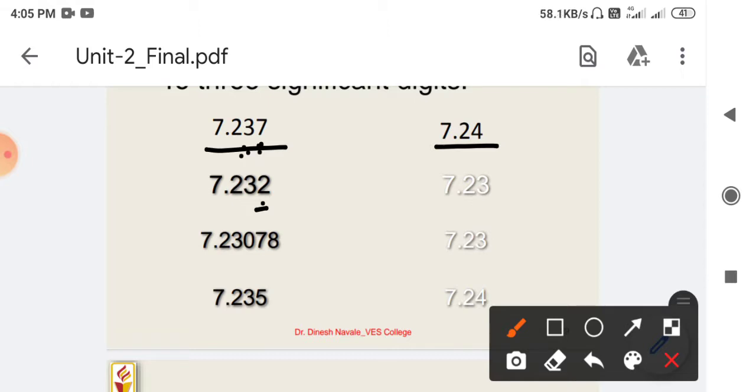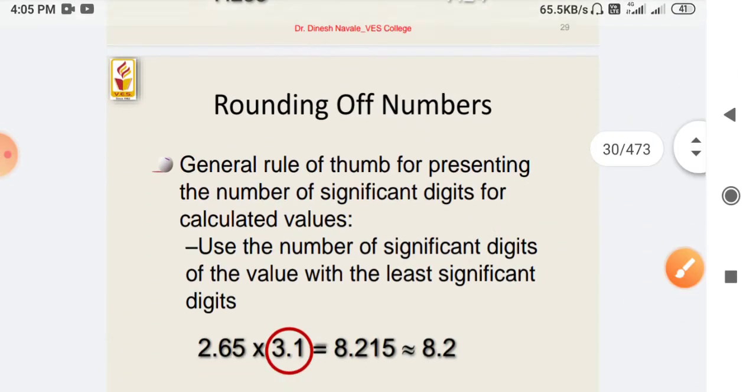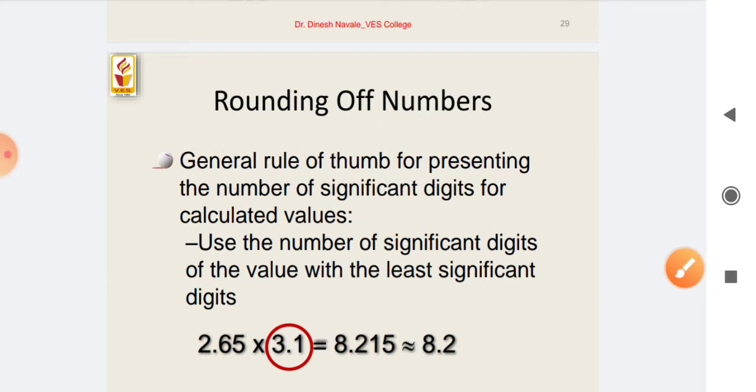But here it is less than 5, so we will keep it as it is. And if it is again less than 5, we keep it as it is, and if it is exactly equal to 5, we will increase it by 1. That is 7.24.